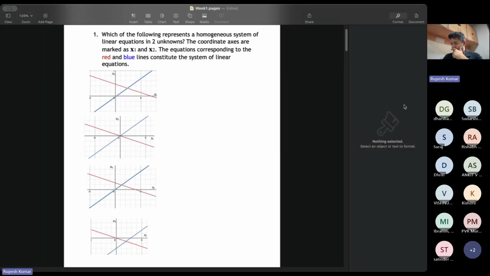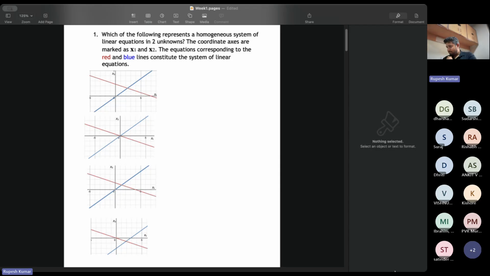Does anyone have any answers for this problem? Let me open up the chat box.